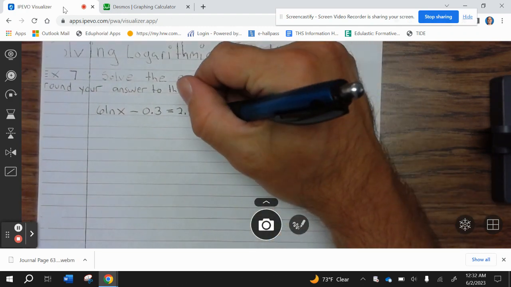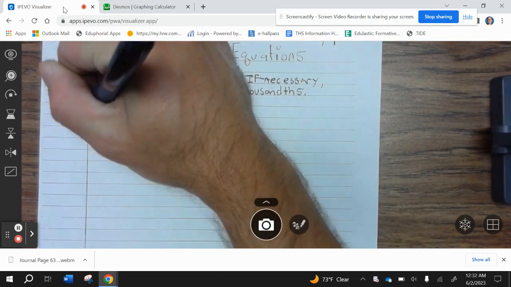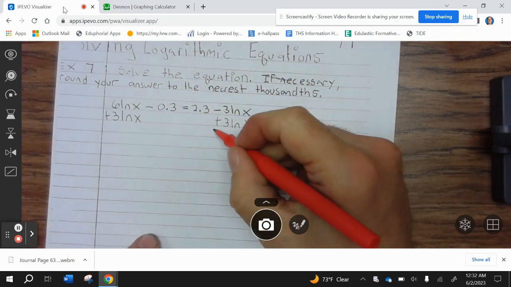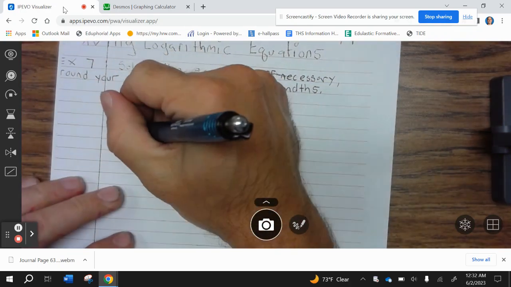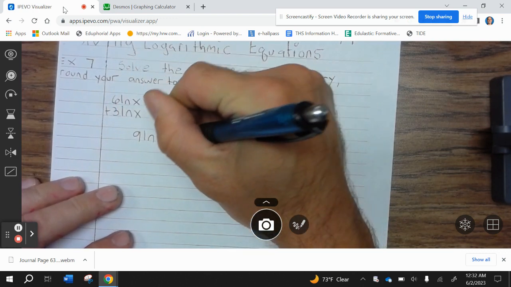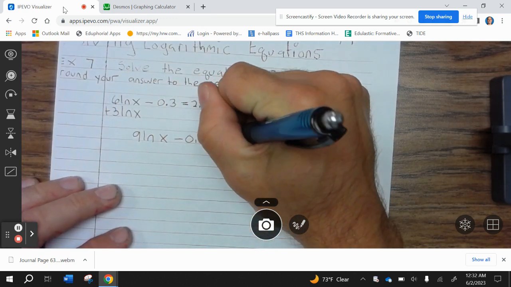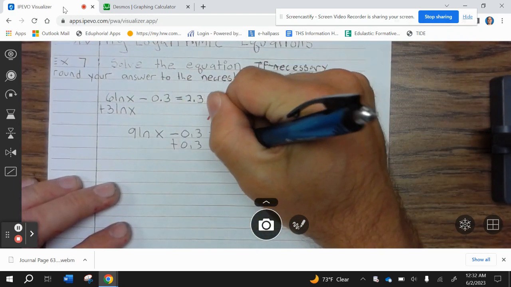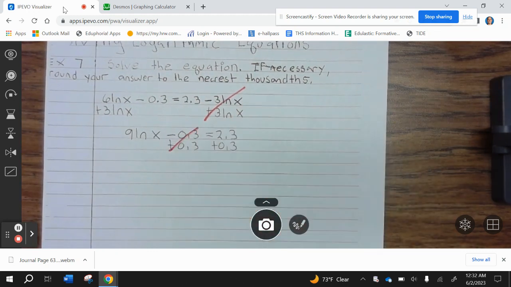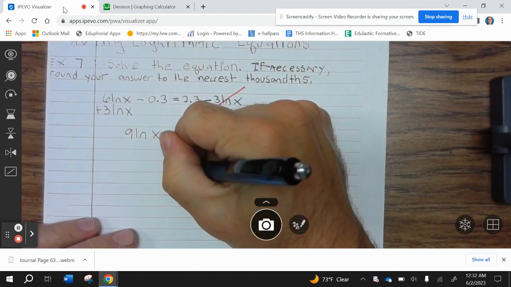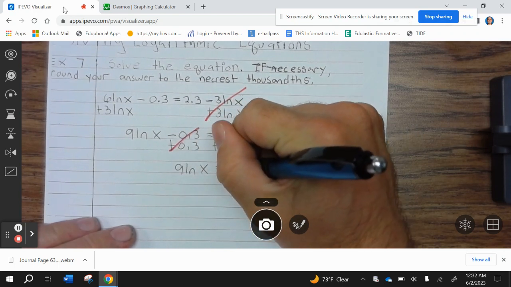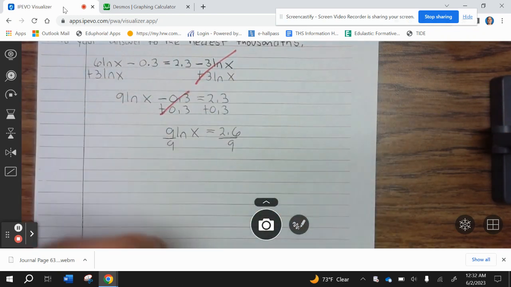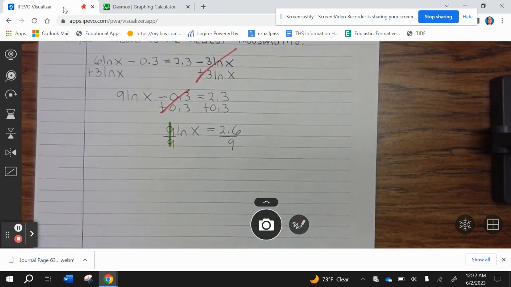Example 7. So I can add 3 natural log of x to both sides. That cancels. You get 9 natural log of x minus 0.3 equals 2.3. Add 0.3 to both sides. This cancels. You get 9 natural log of x equals 2.6. Divide both sides by 9. This becomes 1.